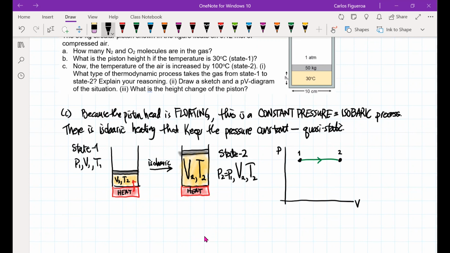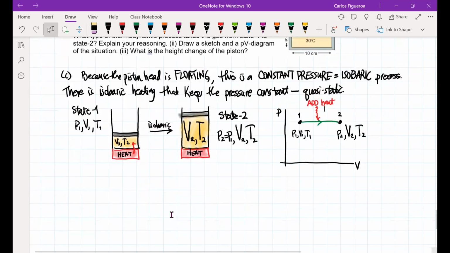You could see here that I have P1, V1, T1, and over here I have the same pressure, but a bigger volume and a higher temperature. And the only way that could be the case is if I add heat.